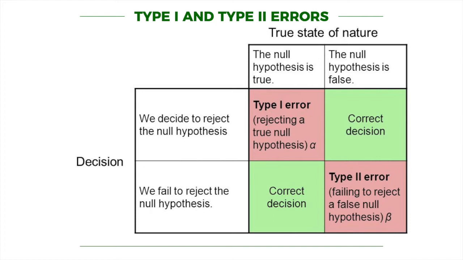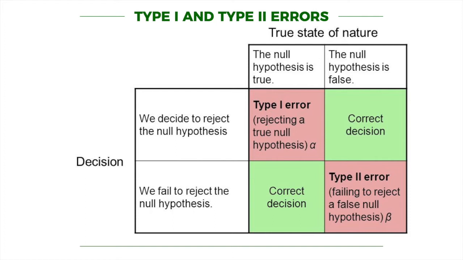Let's say that the true state of nature is that the null hypothesis is true. When you decide to reject what is supposedly a true null hypothesis, you committed a type 1 error. But if you decided to accept this true null hypothesis, then that is a correct decision.